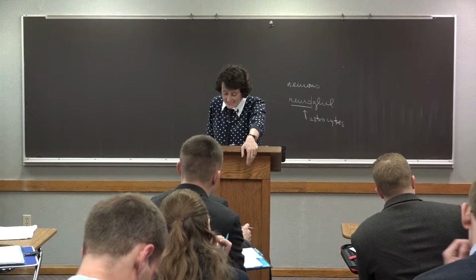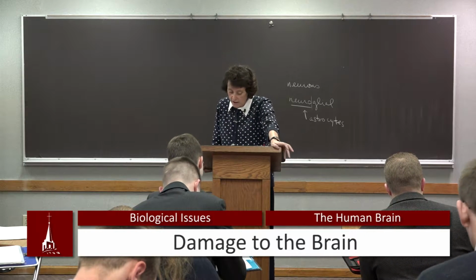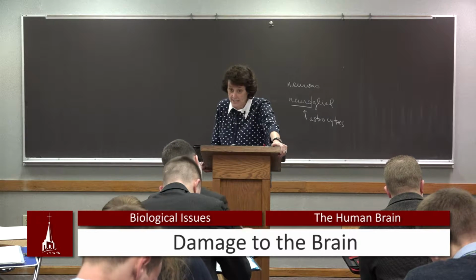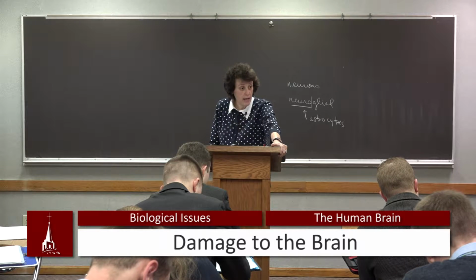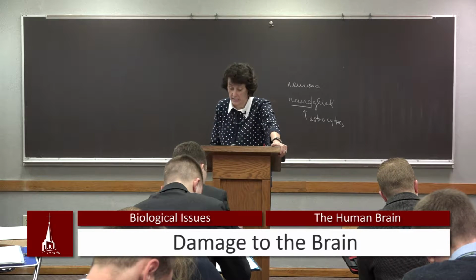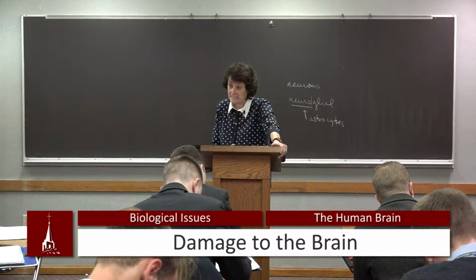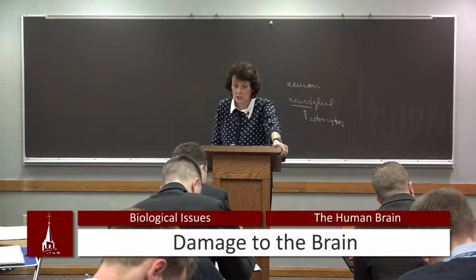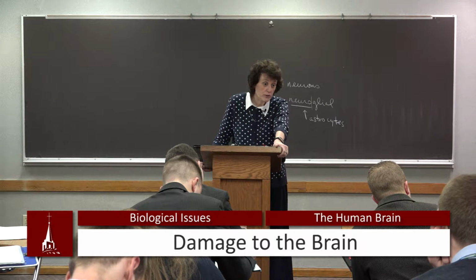Last thing with the brain is damage to the brain, and this is where we're going to get into our mental disorders. Damage to the brain, first of all, results in a loss or alteration. If you have damage to the physical brain, you will have loss or alteration of skill, function, or a combination of both. You're going to lose function, or you're going to have altered function.